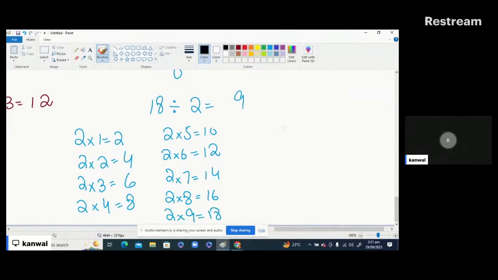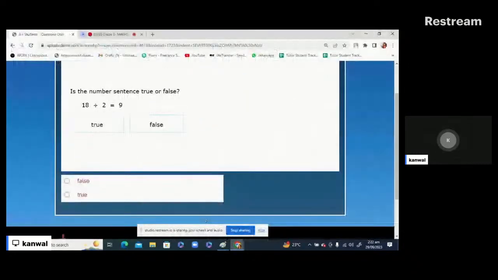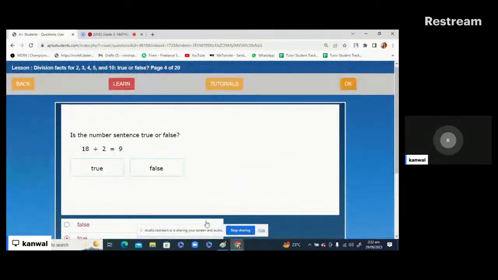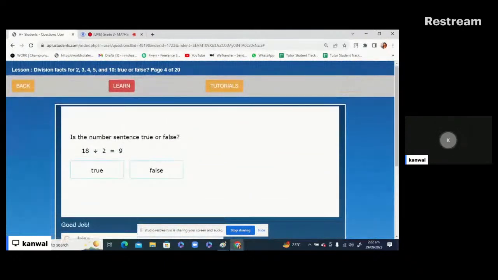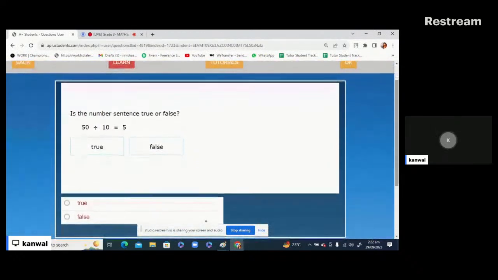Now, when we solve the question, good. 2 times 9 is 18. So here we got it. This is true. Yes, this is the right answer.